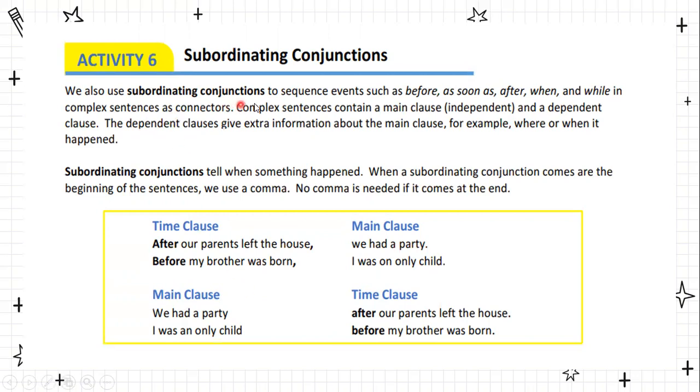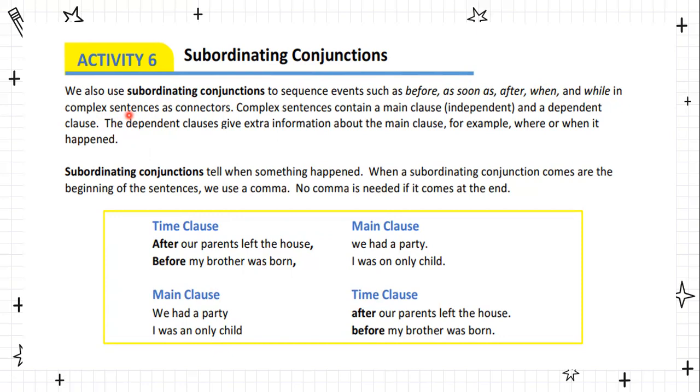So we use subordinating conjunctions to sequence events, for example, before, as soon as, after, when, while, okay? When I'm writing complex sentences, complex, remember, not simple, not compound sentences, complex sentences. So sentences that have one independent clause and one or more dependent clauses. Okay?